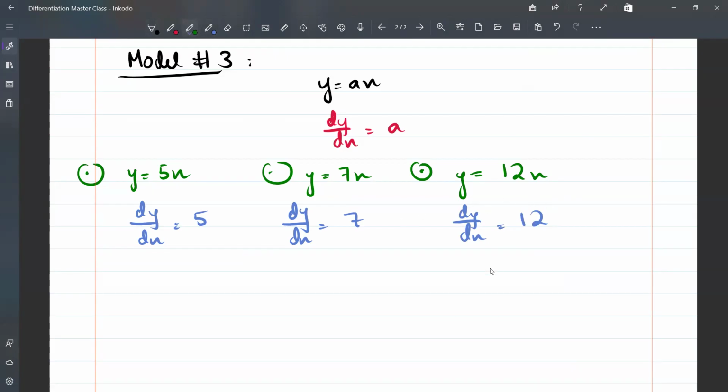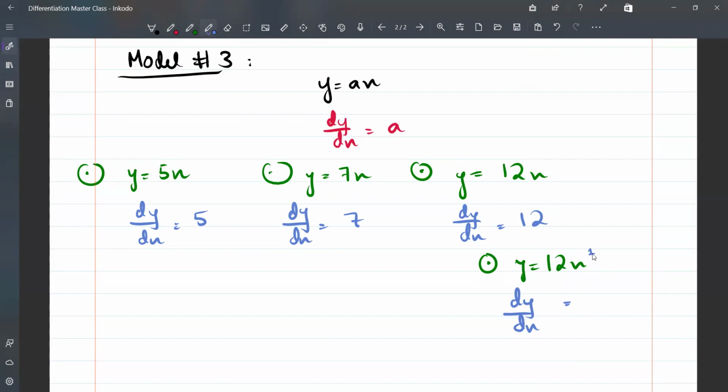All right. I will show you the logic of this particular question. When y is equal to 12x, we know that if there is nothing here, there is 1, right?